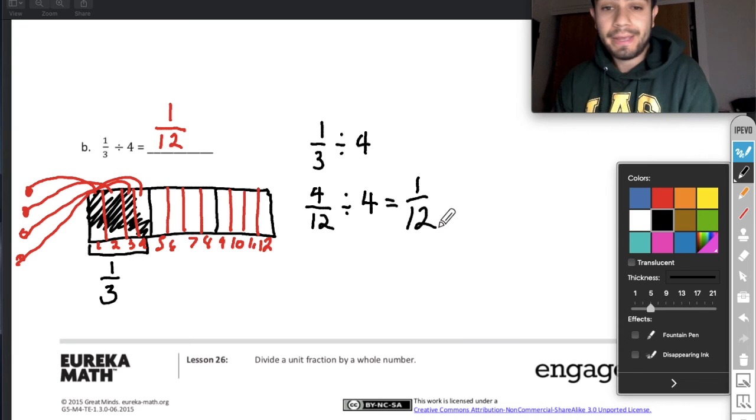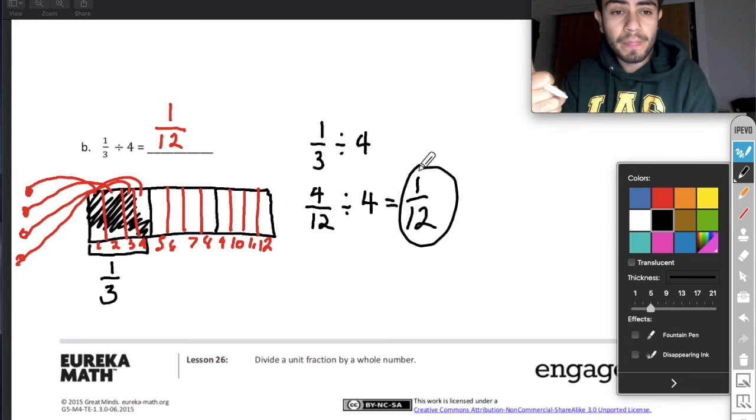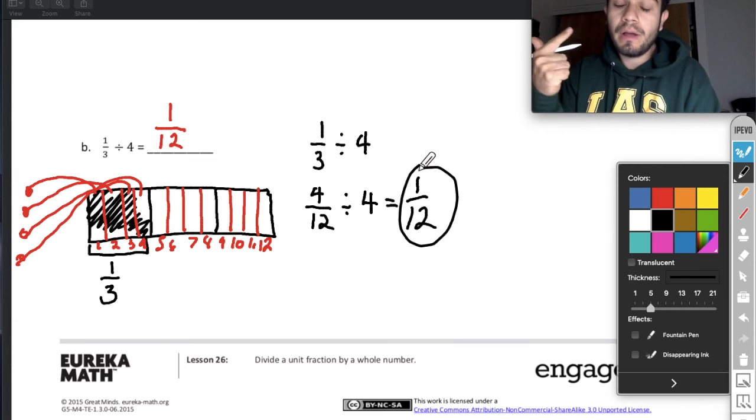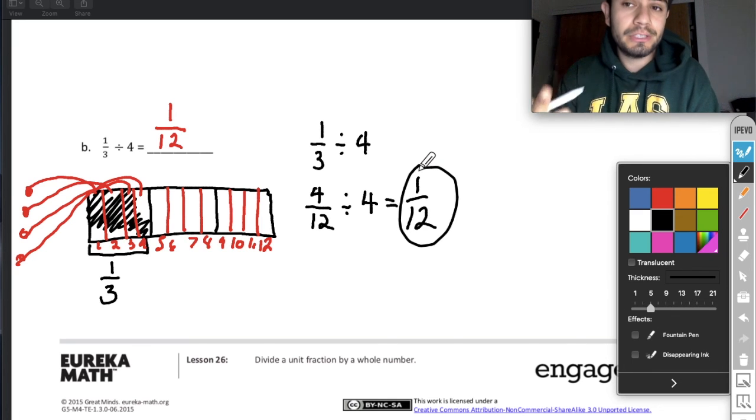Okay, and that is pretty much all you have to do to solve these problems. You have to draw your tape diagram, figure out what is shaded in, then cut the part that is shaded in into the amount of people you want to share it with, or the amount that you're dividing by.